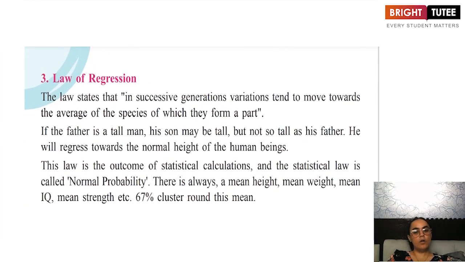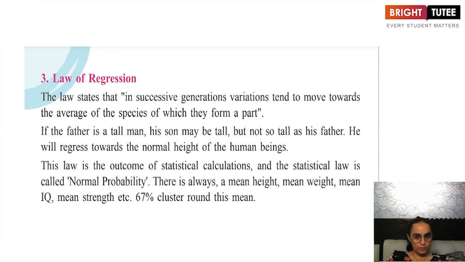Next is the law of regression. The law of regression states that with every passing generation, the variation moves towards the average of the species of which they form a part. What does this mean?